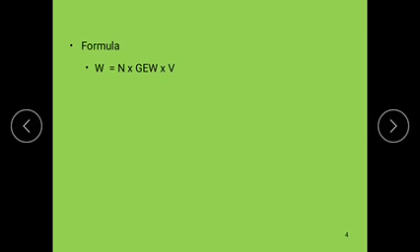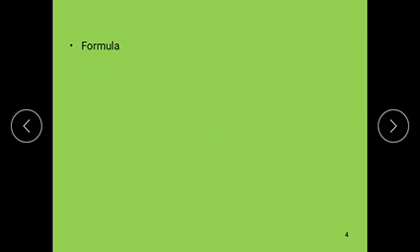Since we are asked for the weight of the solute, W equals N into GEW into V. Hence the weight equals 0.02 N into 53 into 0.5, which equals 0.53 grams.